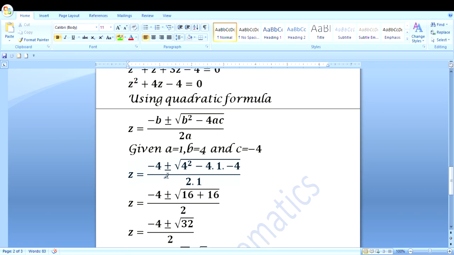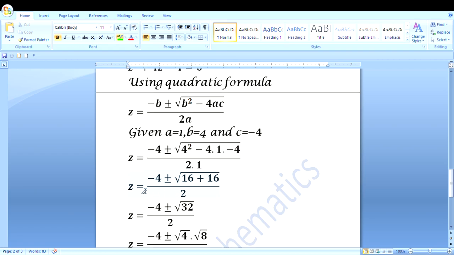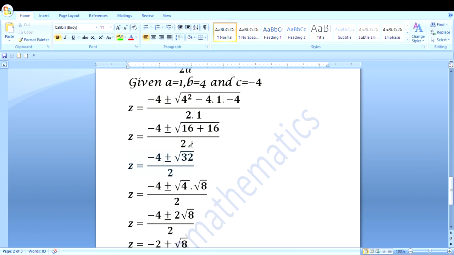Substituting into the formula, this becomes minus 4 plus or minus the square root of 4 squared minus 4 times 1 times minus 4, divided by 2 times 1. So z is equal to minus 4 plus or minus, 4 squared is 16, minus times minus is plus, 4 times 4 is 16, and 16 plus 16 is 32. That becomes root 32 divided by 2.